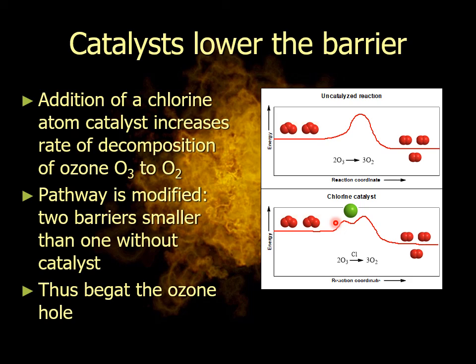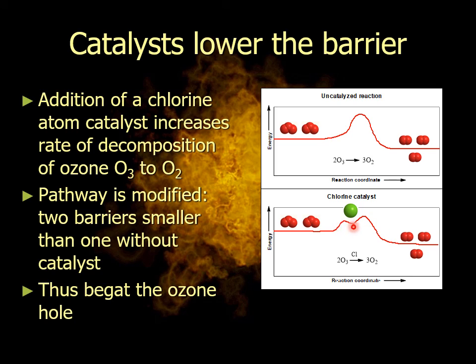Now, if I introduce into the O3 population a single chlorine atom, which could be obtained by the decomposition of molecules called chlorinated fluorocarbons, or CFCs, these chlorine atoms are fantastically efficient catalysts for converting O3 into O2. And the way that happens is that the energy barrier is changed.